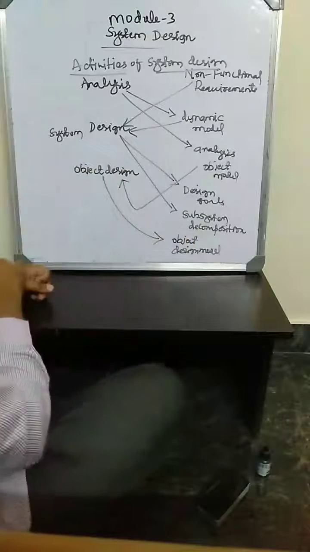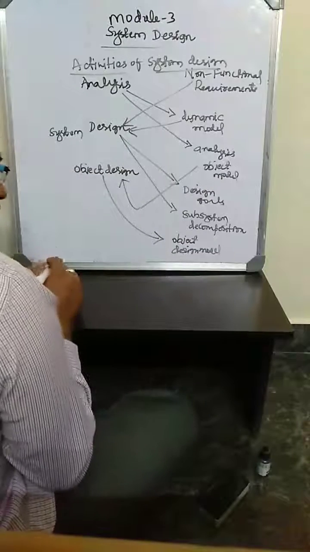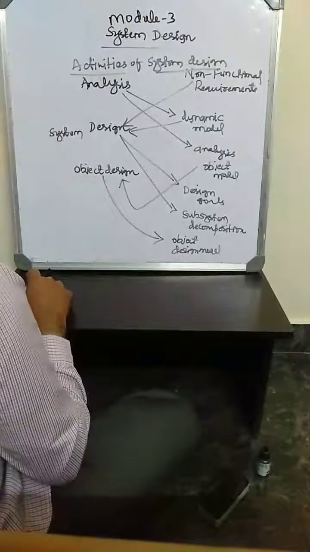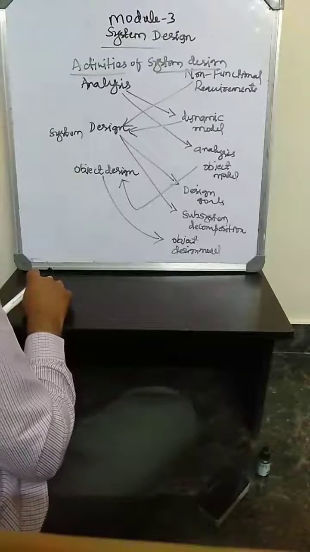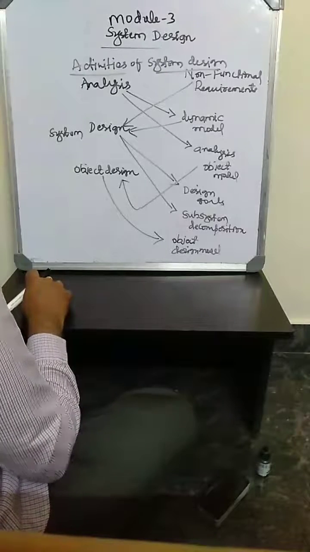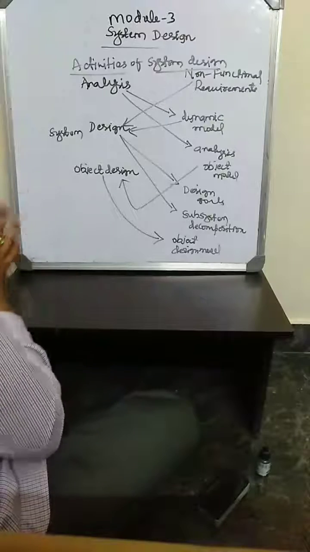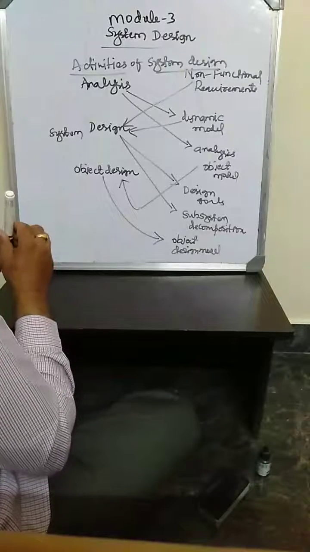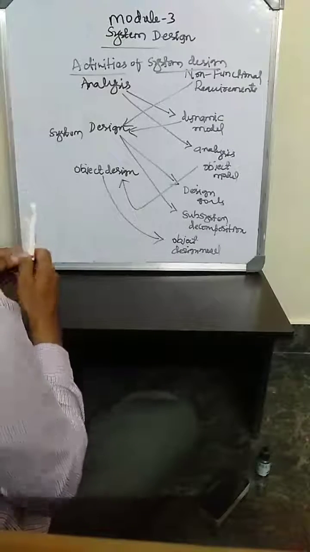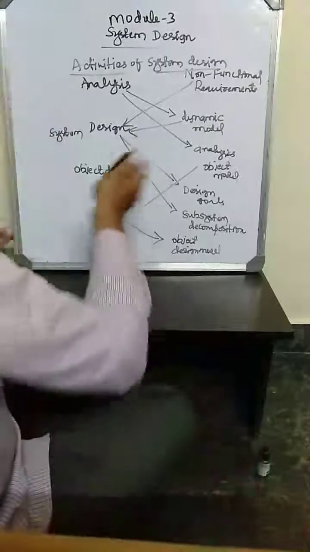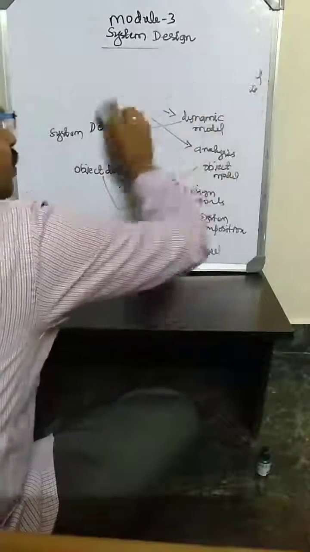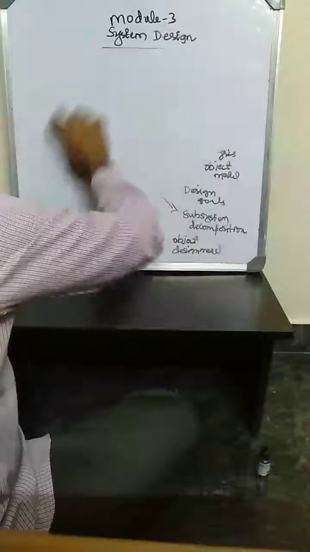And here the object design has been related with respect to the object design model. So these we may say are the activities of system design. So this is very important from your understanding perspective. Okay.